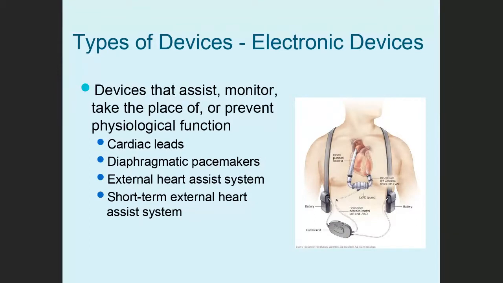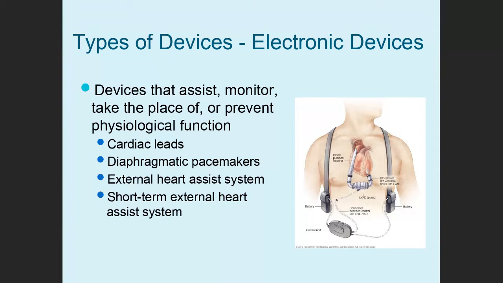Electronic devices are devices that assist, monitor, take the place of, or prevent a physiological function. So these include the same functions as what we've talked about before, except in this case, they're electronic devices. The previous ones were not electronic devices. Examples of these are cardiac leads, diaphragmatic pacemakers, external heart assist systems, and short-term external heart assist system.